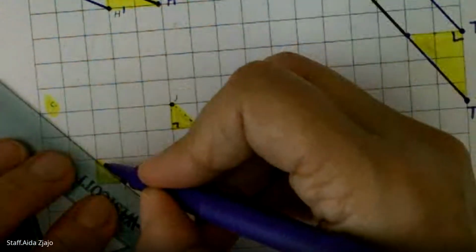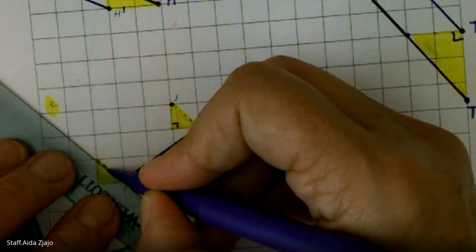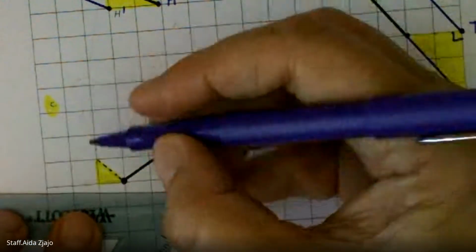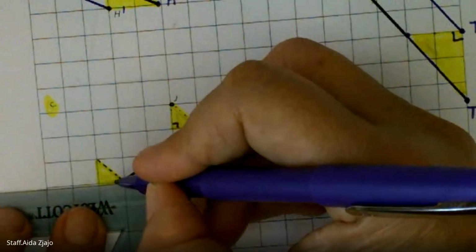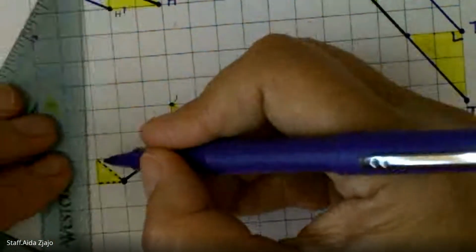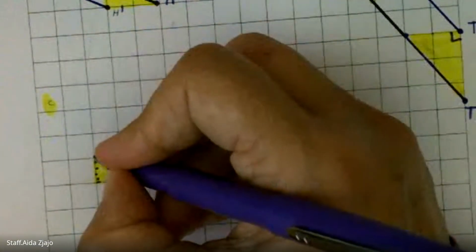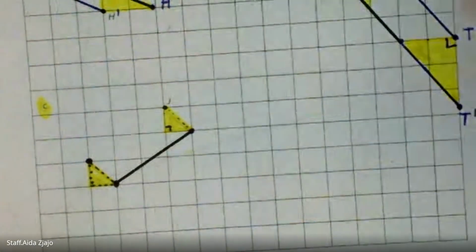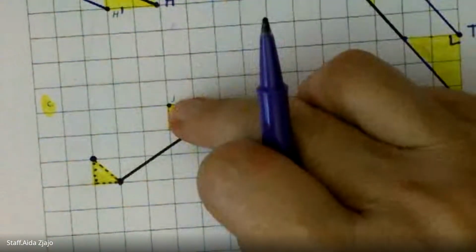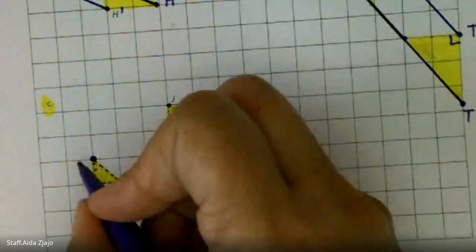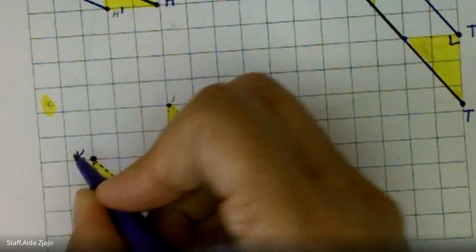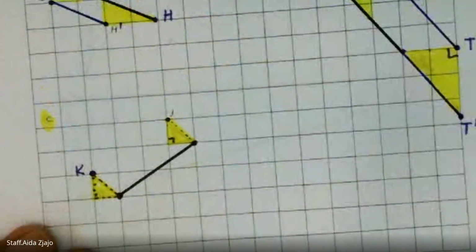So let's see the dashes there. You can see, and the point should be right here. So let's see, we are right. That's a J. I will put this as K, JK.